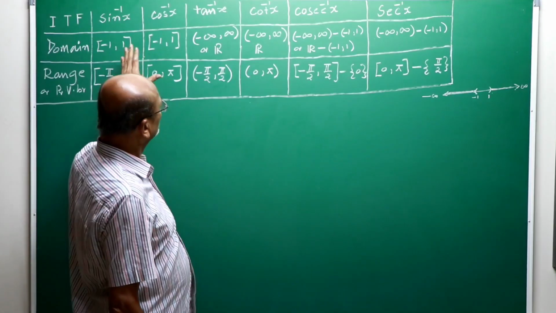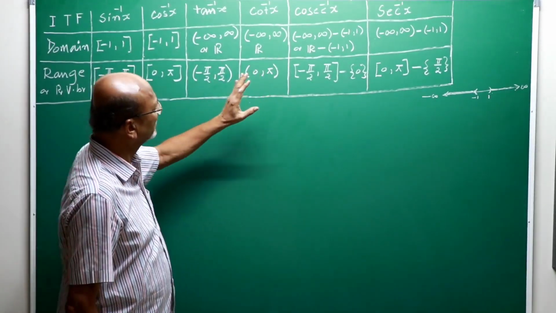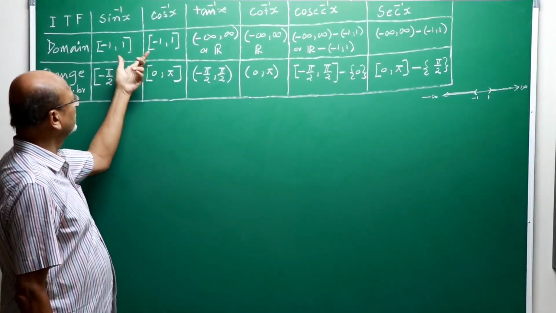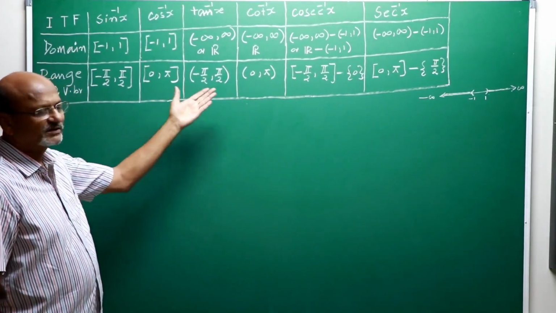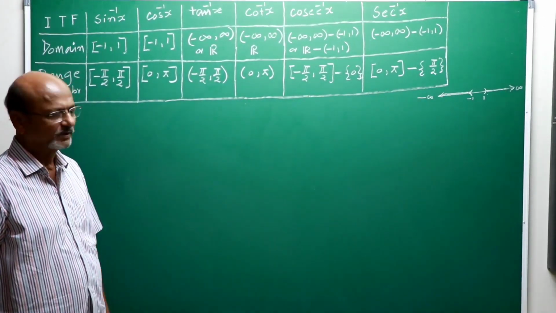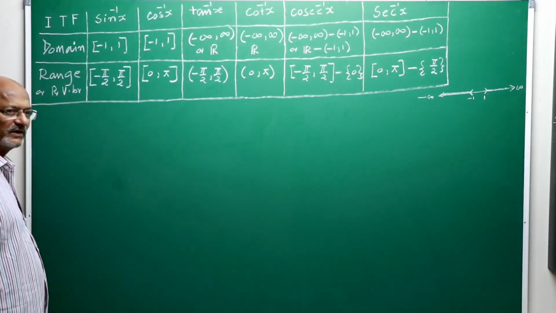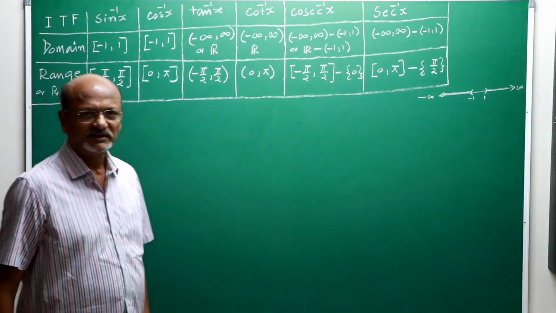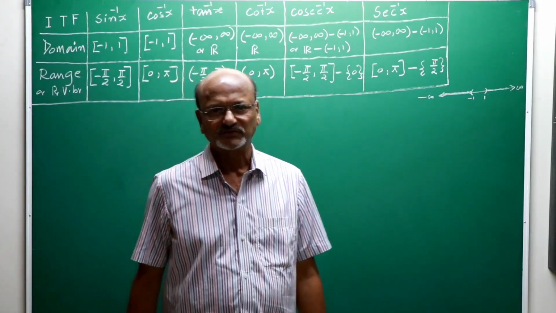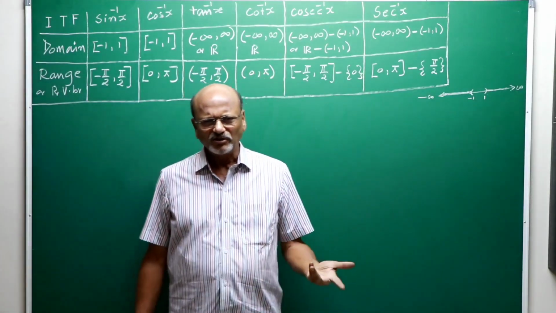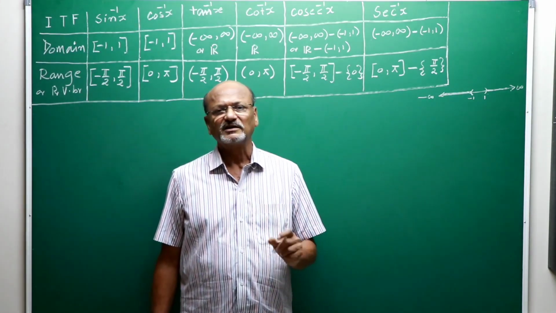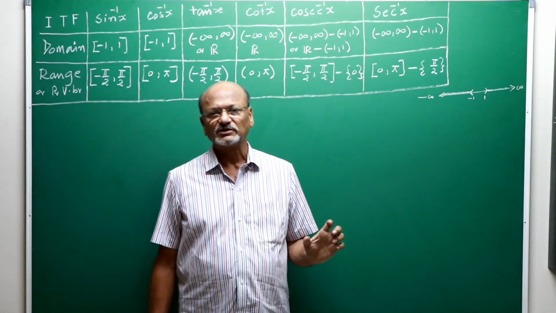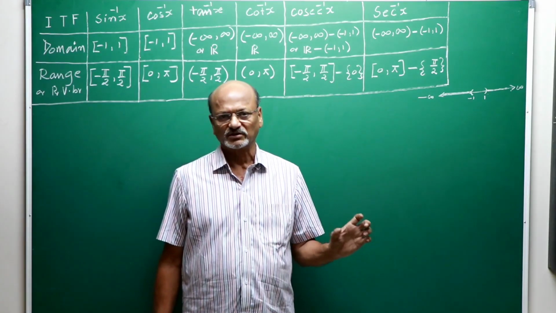My friends, if you write this horizontally, in pairs, it is a little more convenient. Yesterday I had written vertically; this is better, I hope. Yesterday itself I did about half a dozen examples. The examiners will ask: write the range of this inverse function, or the domain of this inverse function.